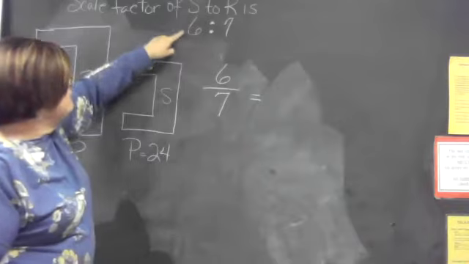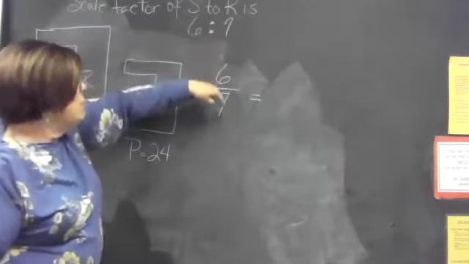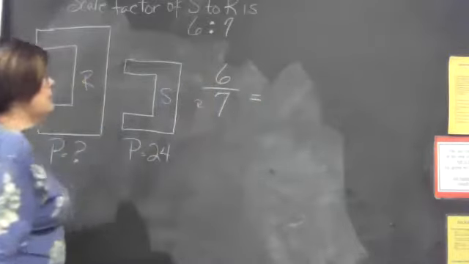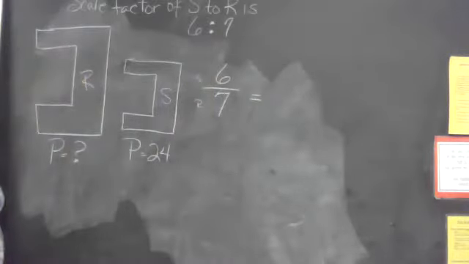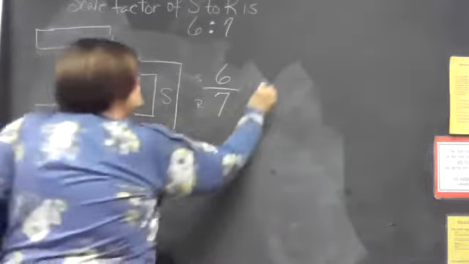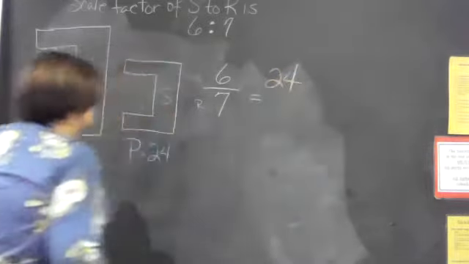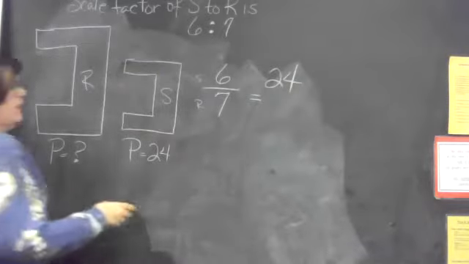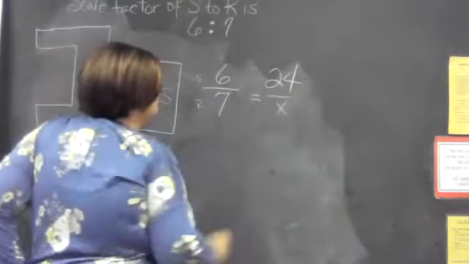We put the S information first, then the R. So I have to put the S information again on top. The S information for the perimeter is 24. And the R information is the one that we're trying to find. So it's an X. Okay.